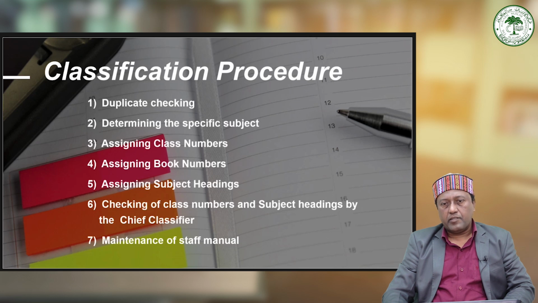S basically represents the first letter of the author's surname. Sayers is the surname, so the first letter is S. This is how the S comes. And then 274 is the number from Cutter's table representing Sayers.